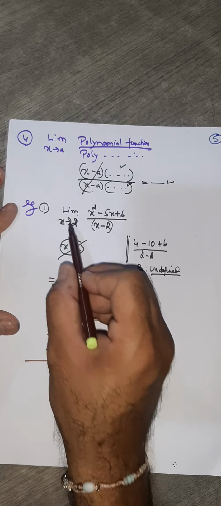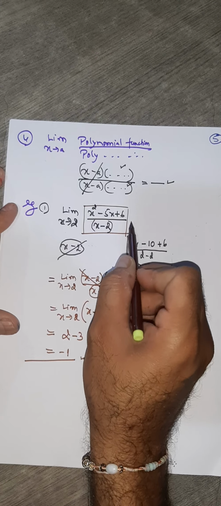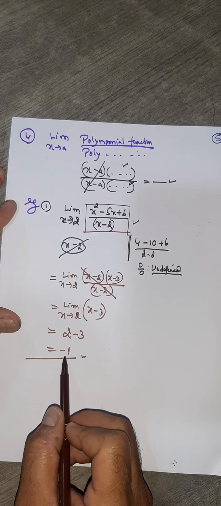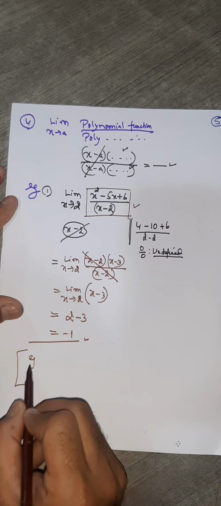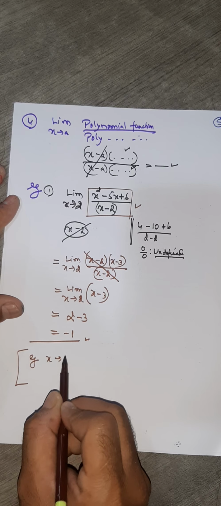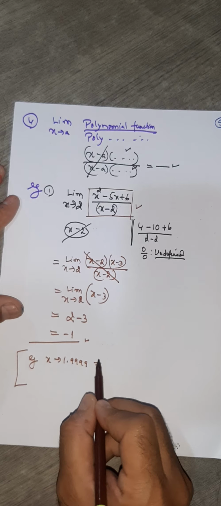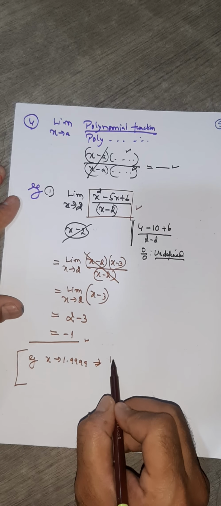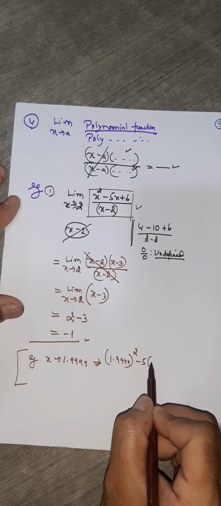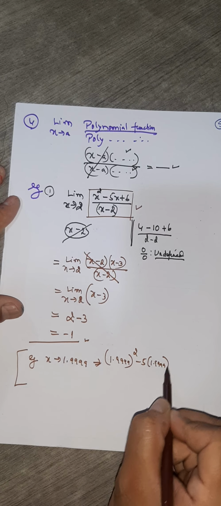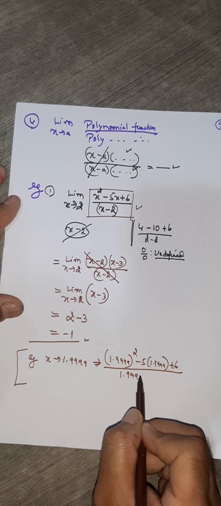It means whenever x is very close to 2, then this function is very close to which number? Minus 1. You can try it yourself. For example, take x equals 1.999, close to 2. Now put it in the function: (1.999 whole square minus 5 into 1.999 plus 6) upon (1.999 minus 2).